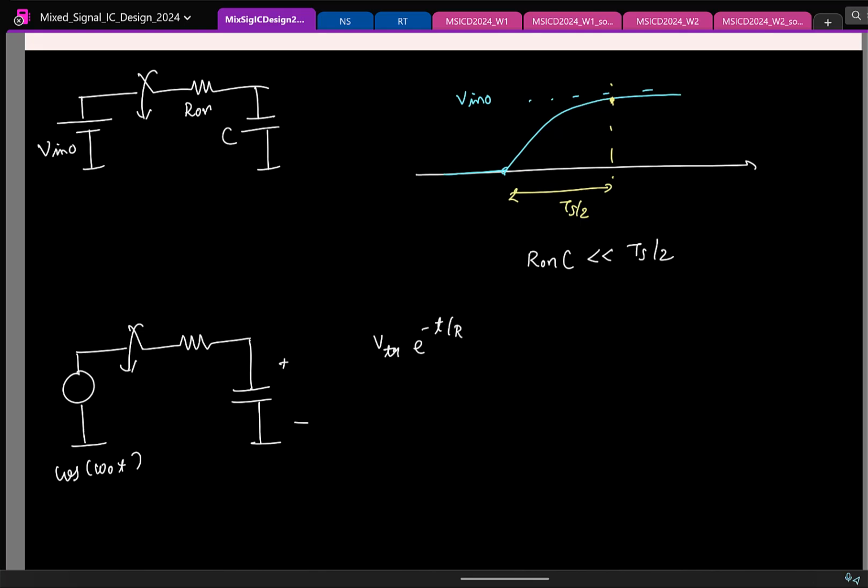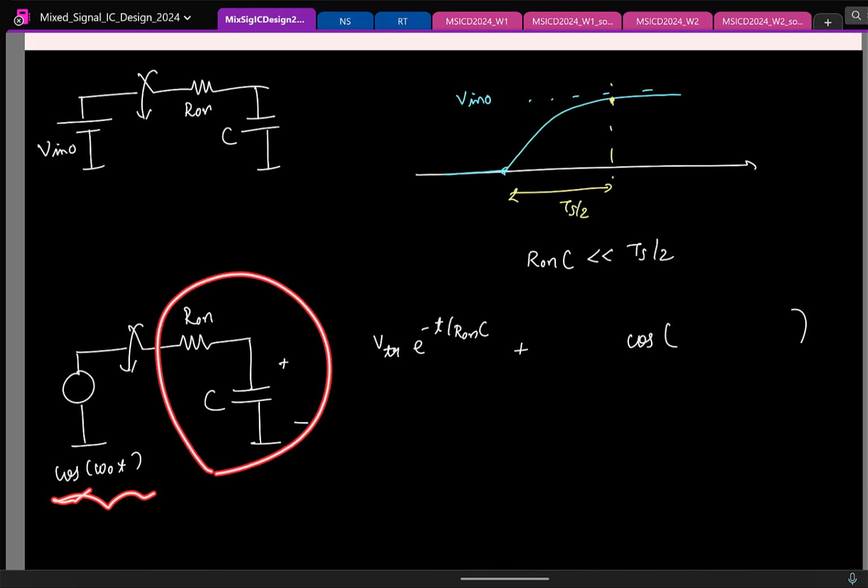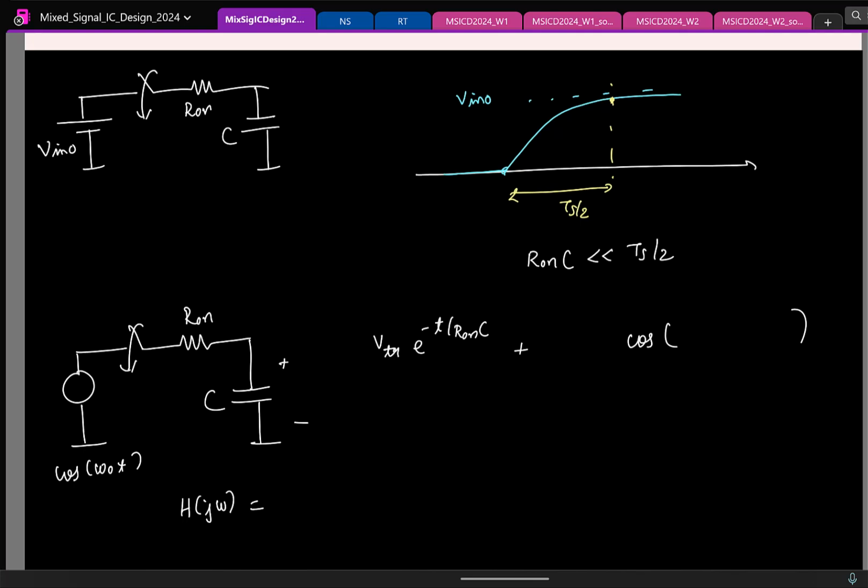And what will be the steady state amplitude of the sine wave? Remember, this is a sinusoid going through an LTI system. What is the transfer function H of j omega for this? 1 plus j omega RC.